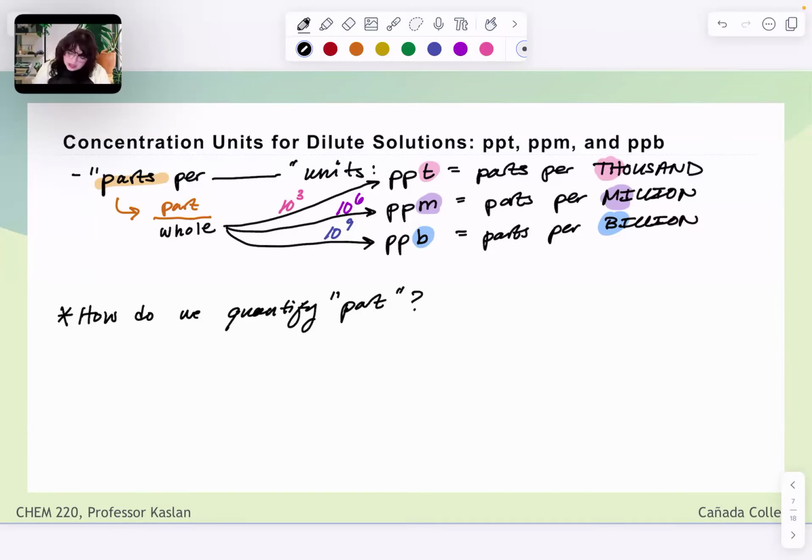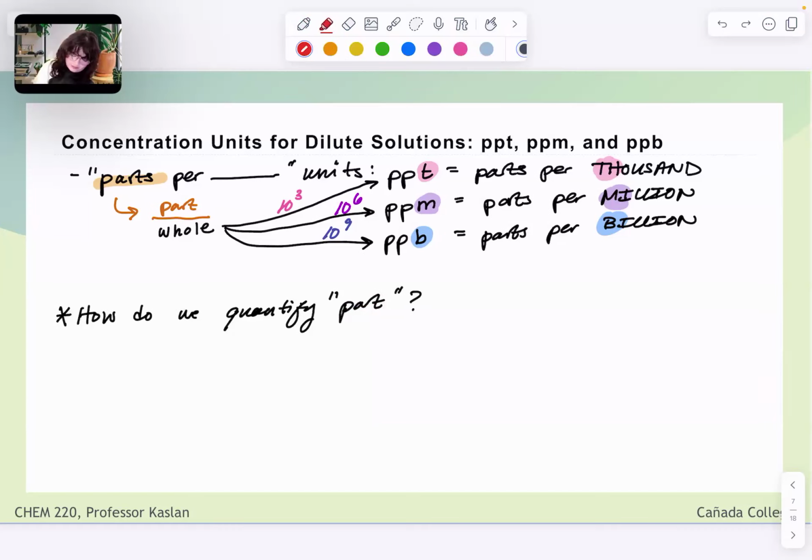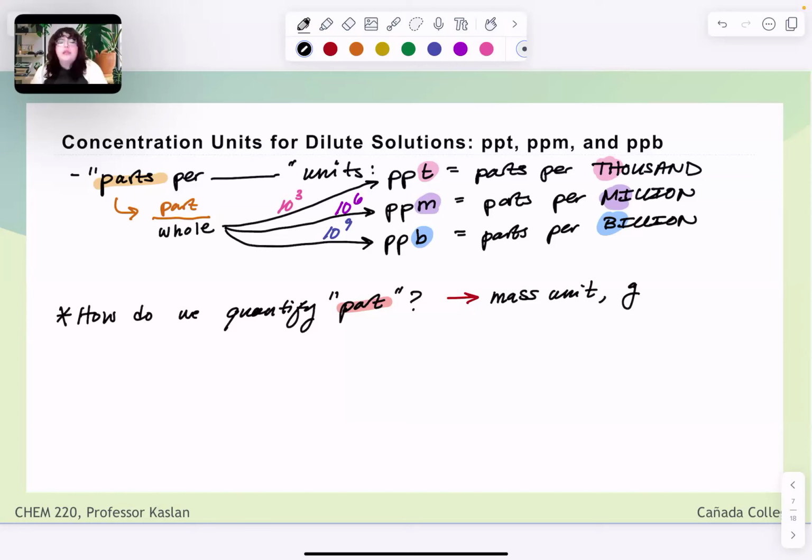So when we're talking parts per definitions, like parts per million, parts per billion, etc., what does that mean? We often express our part in a mass unit, in grams.